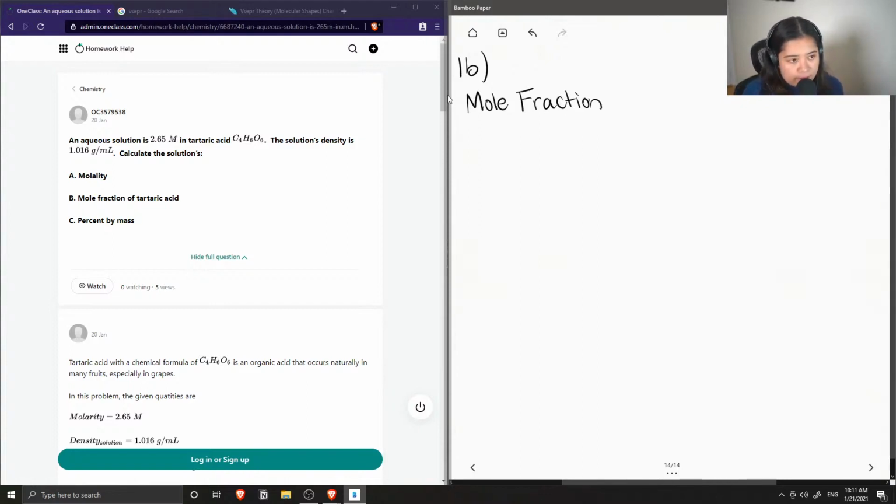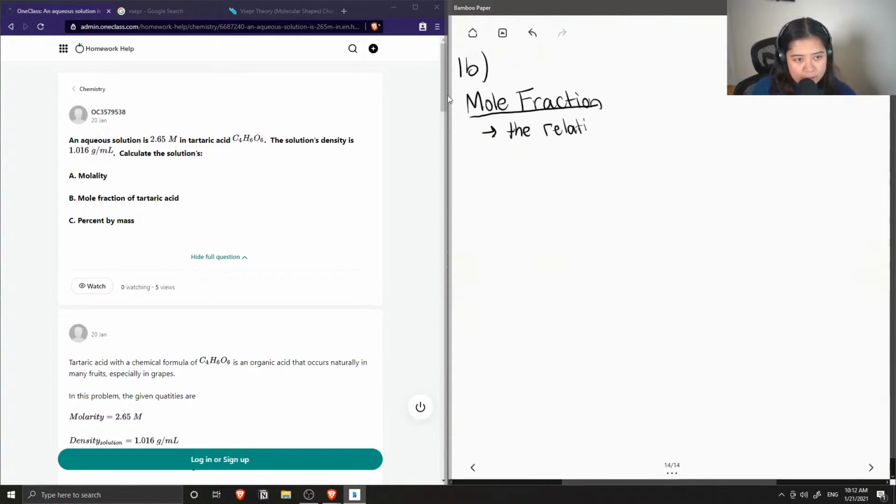So for the mole fraction, we can write down the relationship between the mole fraction and molality, since we calculated the molality in the previous step.